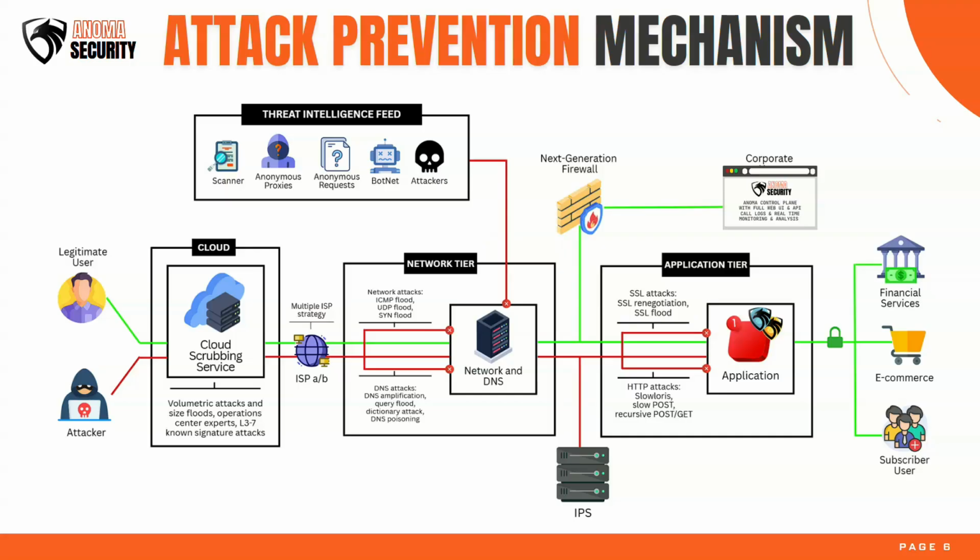This is how it also contributes to the attack prevention mechanism. All of the applications are protected in the application tier, and the legitimate users' traffic can go through the pipeline, but the hackers' or attackers' traffic will be blocked at each step after the check. So yeah, over to Sarthak.